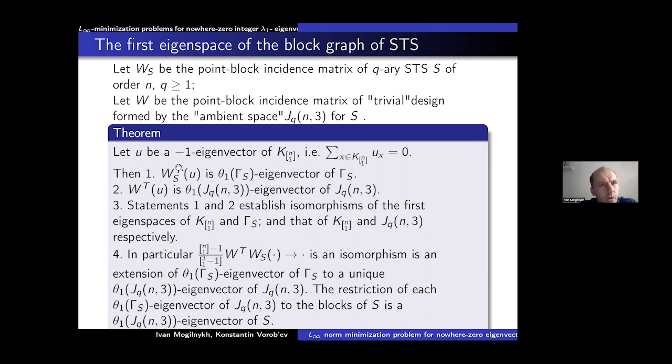This follows just from the property that the rows of W_S are subsets of the rows of W. And also the restriction of each first eigenvector of the Grassmann graph to the blocks of Steiner triple system S is also a first eigenvector of S.